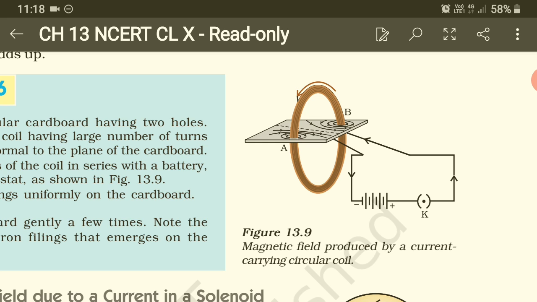In arm B, the direction of current is upward. So if we keep our thumb upward, the direction of the folded fingers shows that field lines are in anti-clockwise direction. So around arm B, the direction of field lines is anti-clockwise.